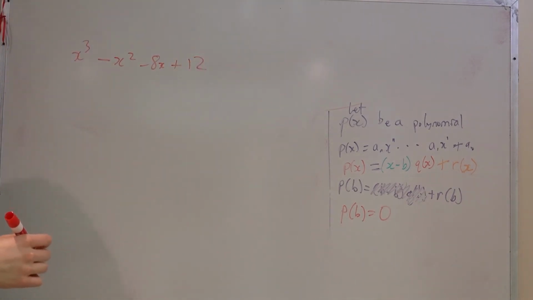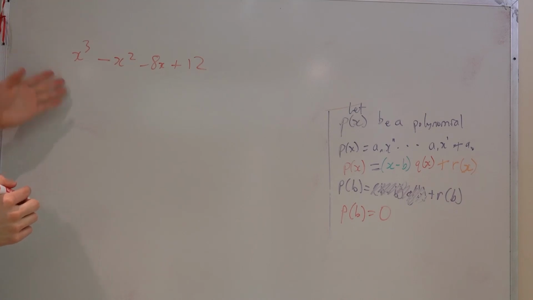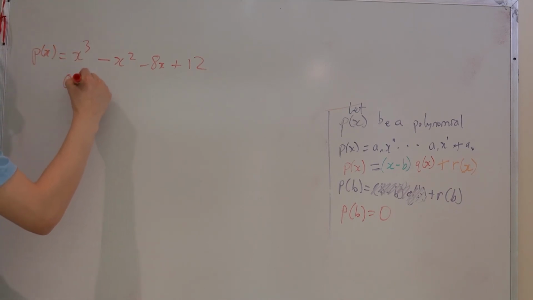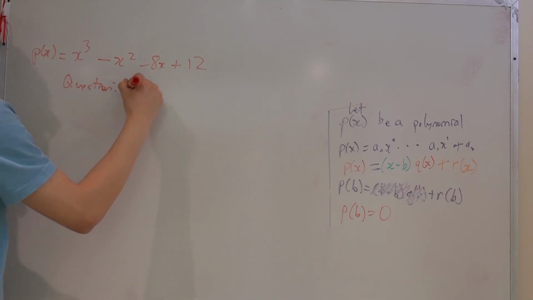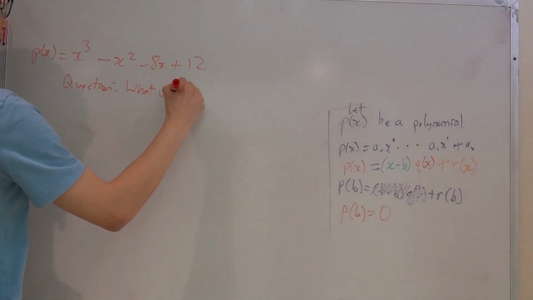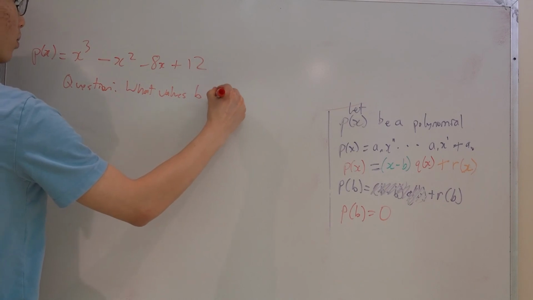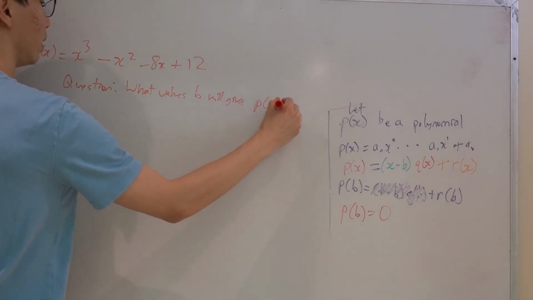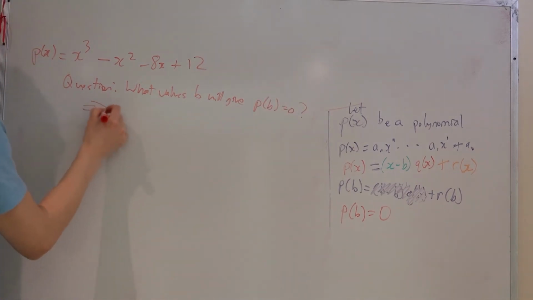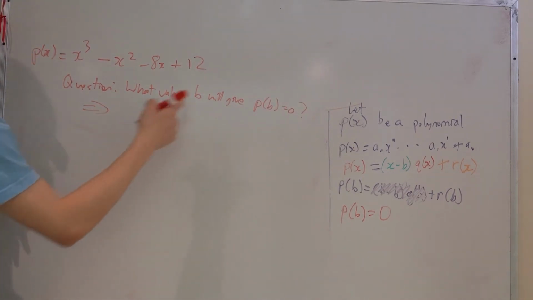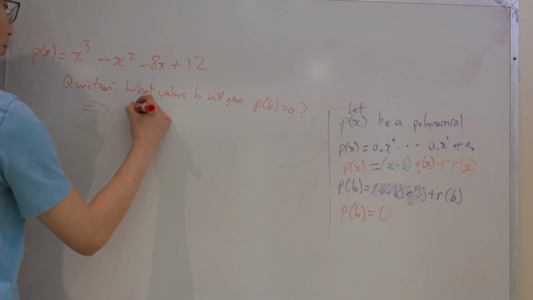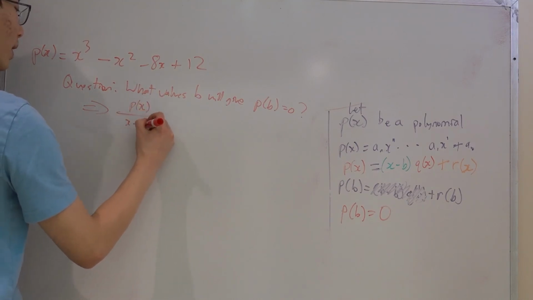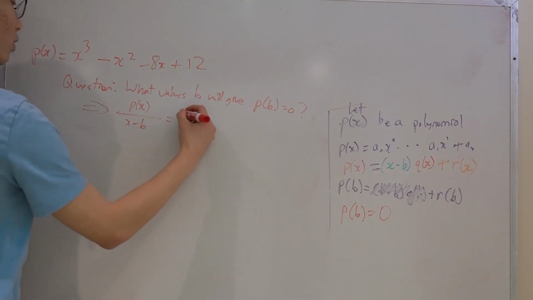So what I'm going to do is I'm going to think of values. So question, what values b will give p of b equals 0? Why am I asking this question? Because if we figure that out, that means that p of x divided by x minus b is going to have no remainder.